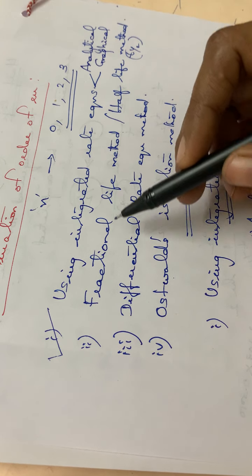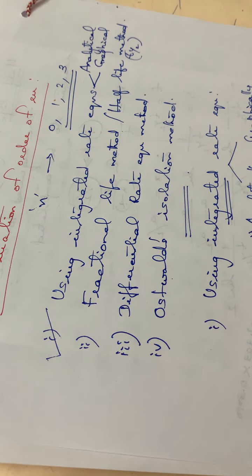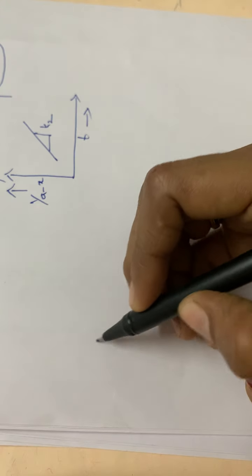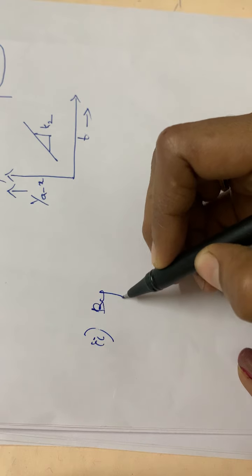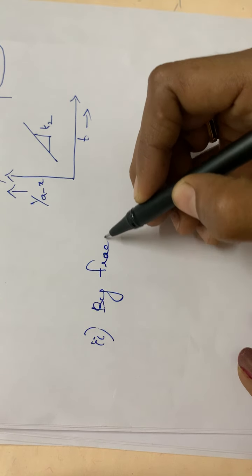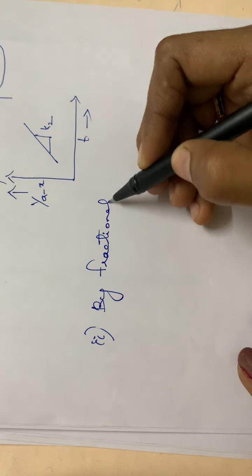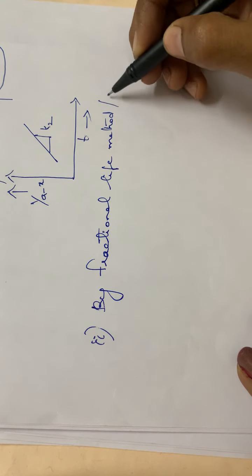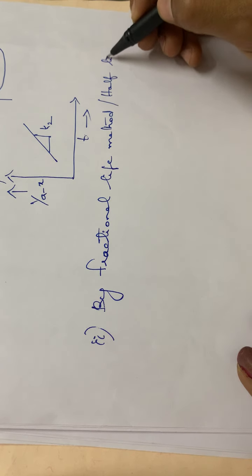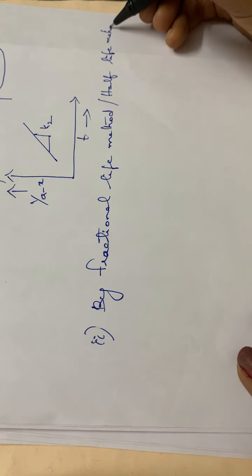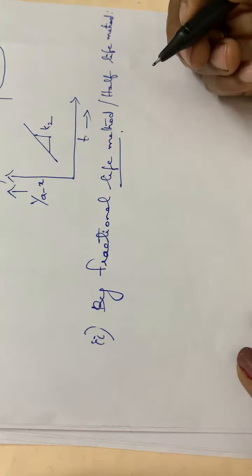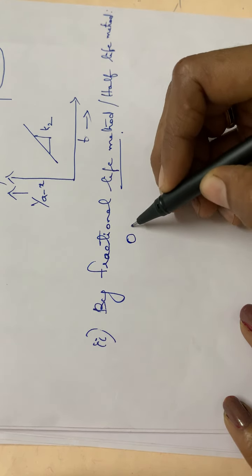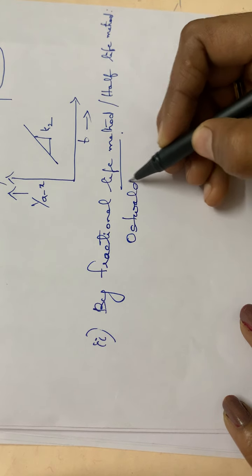Then the next one, by using the fractional life method or half-life method. See, this method was suggested by Ostwald.